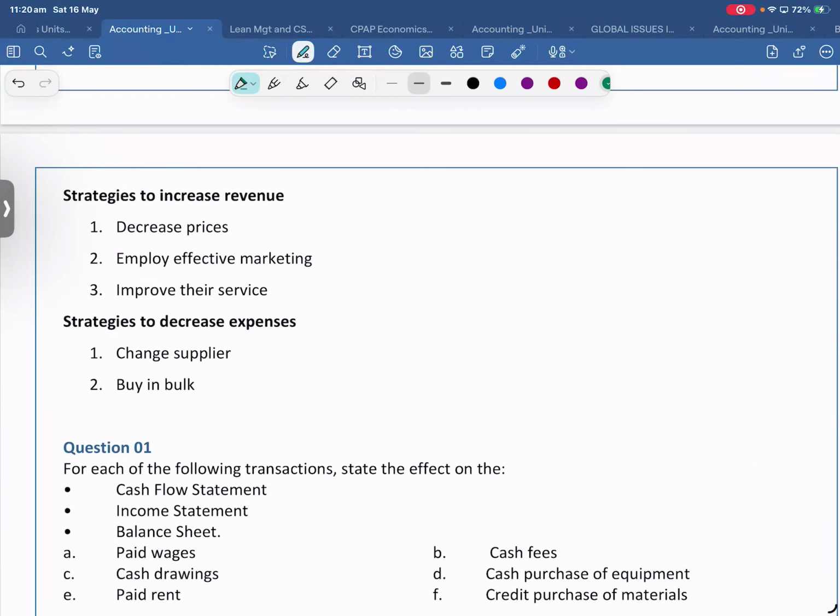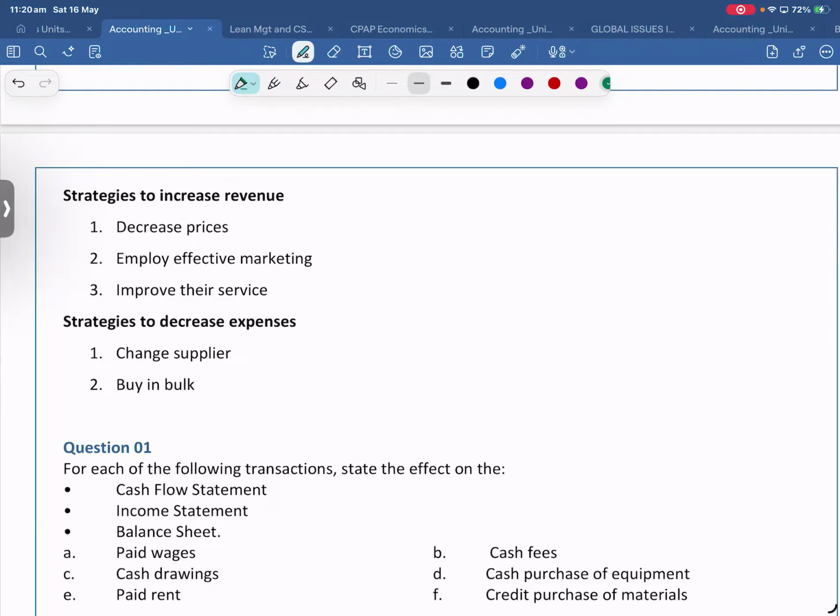And then marketing, improving service, and then strategies to decrease expenses: change supply, and buy in bulk. What happens when you buy in bulk? We will be able to get cheaper prices, correct, we can get discounted prices.